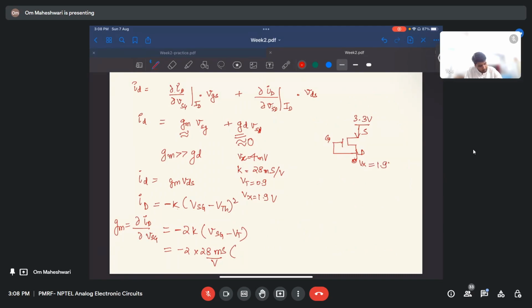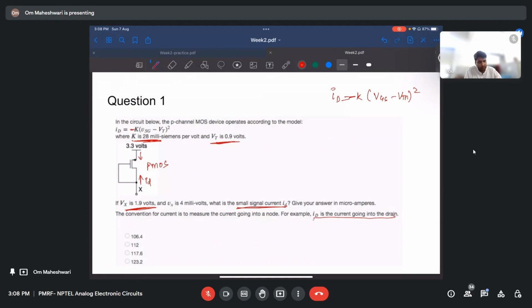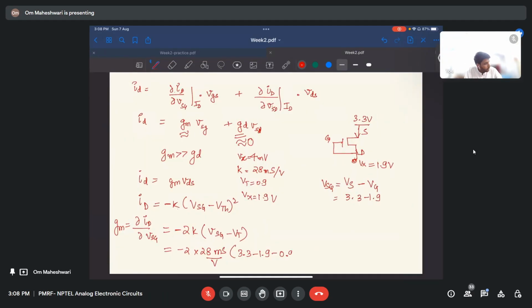So VSG equals VS minus VG, that is 3.3 minus 1.9. The threshold voltage VT is given to be 0.9 volts. So we will get GM approximately equal to 28 millisiemens.